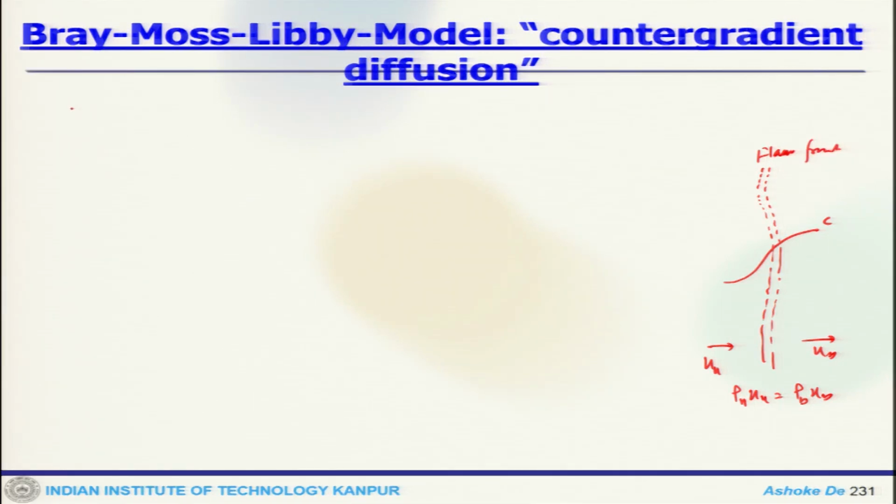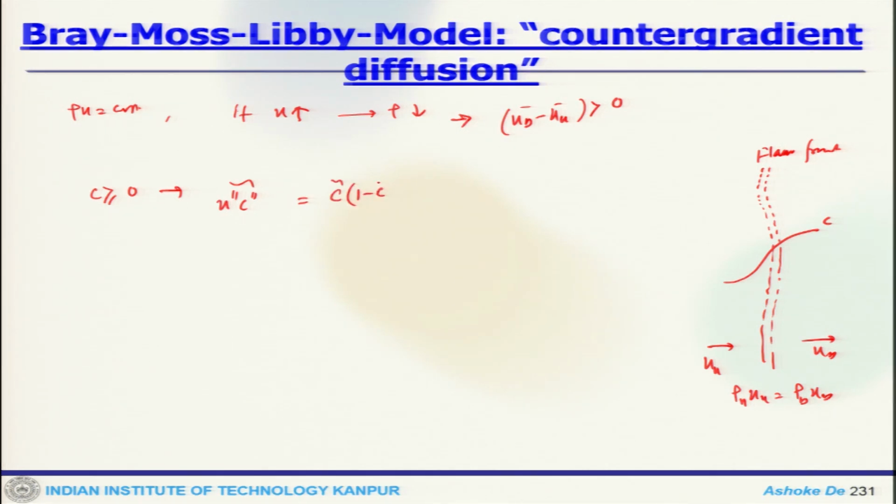Now, since rho u is constant through the flame front, if u increases, rho decreases. That means my UB minus UU would be positive. Now, because C is greater than or equal to 0, this term, I can write C into 1 minus C times UB minus UU, which is greater than or equal to 0.